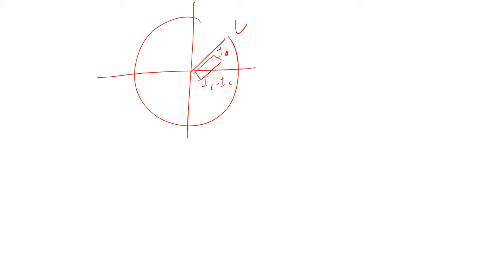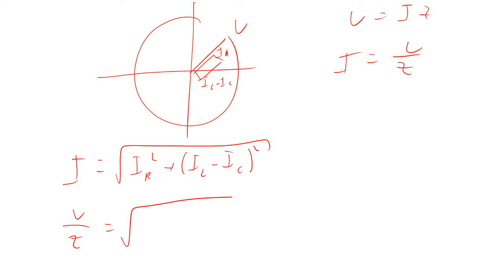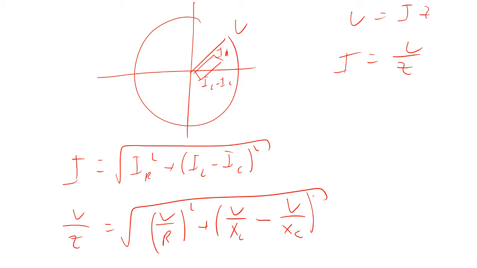And so the total I is going to be the square root of IR squared plus IL minus IC squared. Well, if V equals IZ, then that means that I equals V over Z. Okay, so V over Z equals the square root of V over R squared plus V over XL minus V over XC squared.